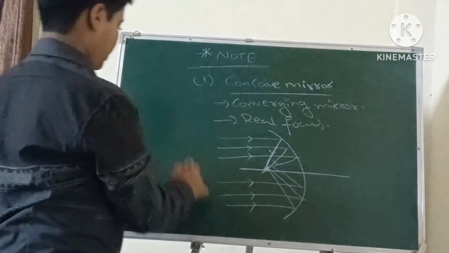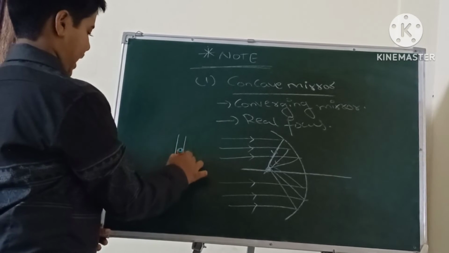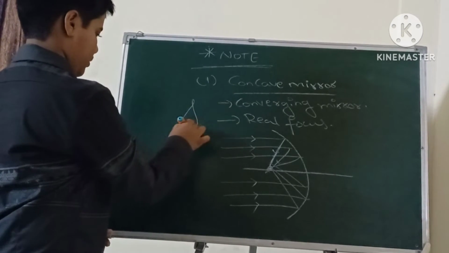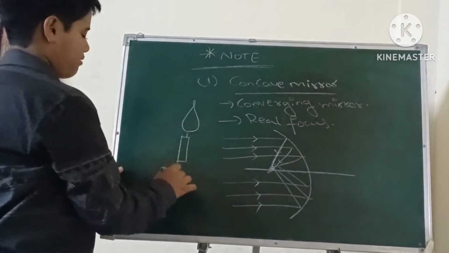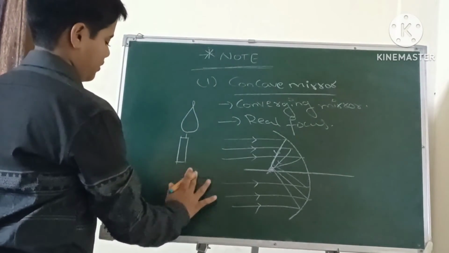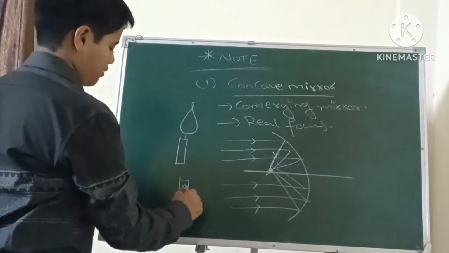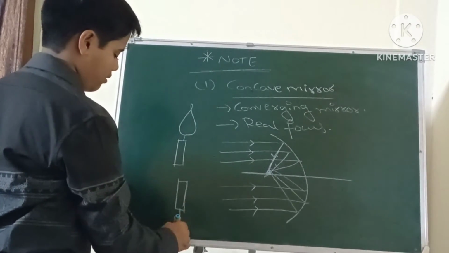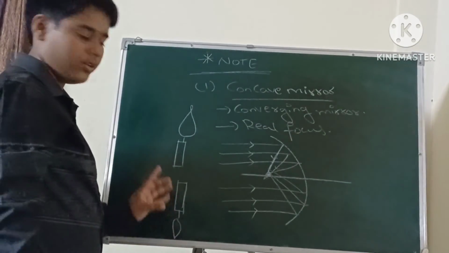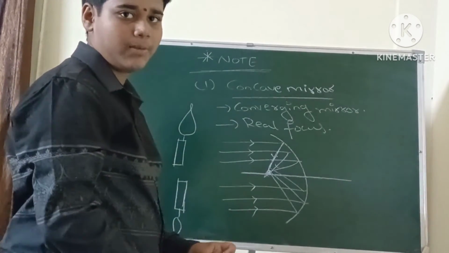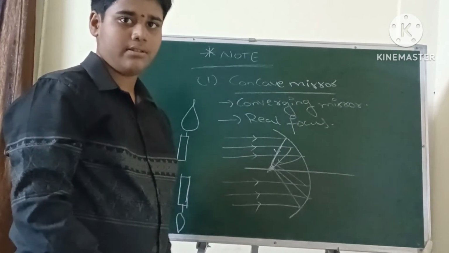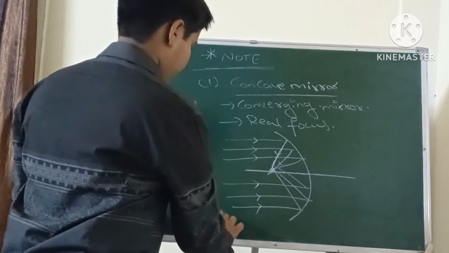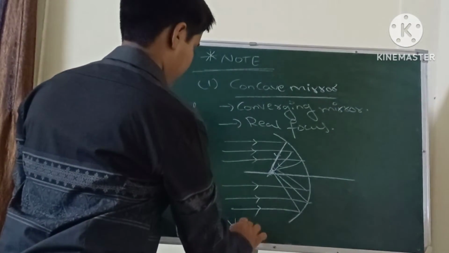For example, I am taking this as a candle. It is an object and the image will be formed like this. A fully clear image, not blurred. So this is called a real focus. And it gives a virtual image.